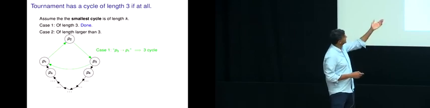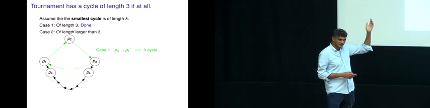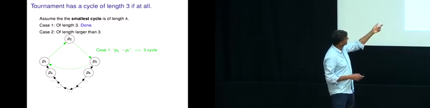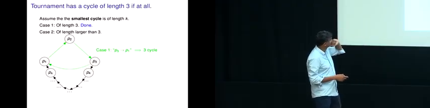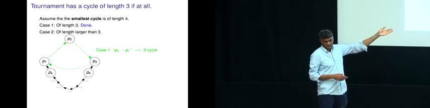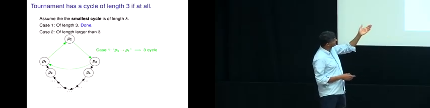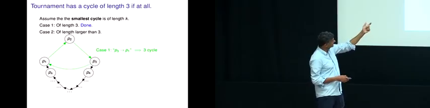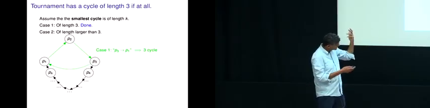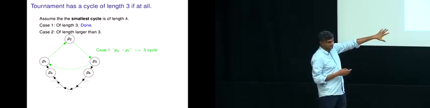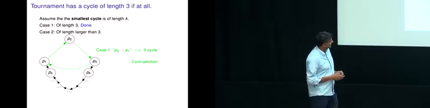So that's a contradiction to our assumption that the smallest cycle is of length k, right? So in the case that P3 beats P1, there's actually a 3-cycle. It's all inside a proof by contradiction, so you've got to be a little careful, but there's a contradiction here, right? Okay.